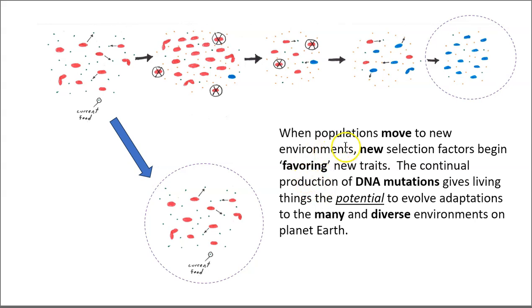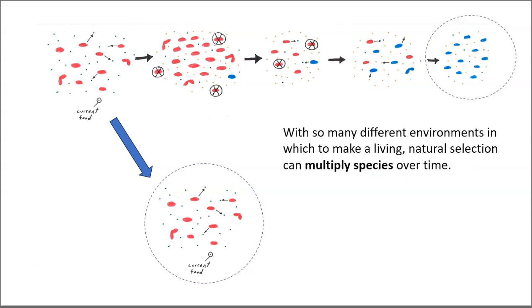So when populations move to new environments, new selection factors begin favoring new traits. And the continual production of DNA mutations gives living things the potential to evolve adaptations to the many and diverse environments on planet Earth. With so many different environments in which to make a living, natural selection can multiply species over time.